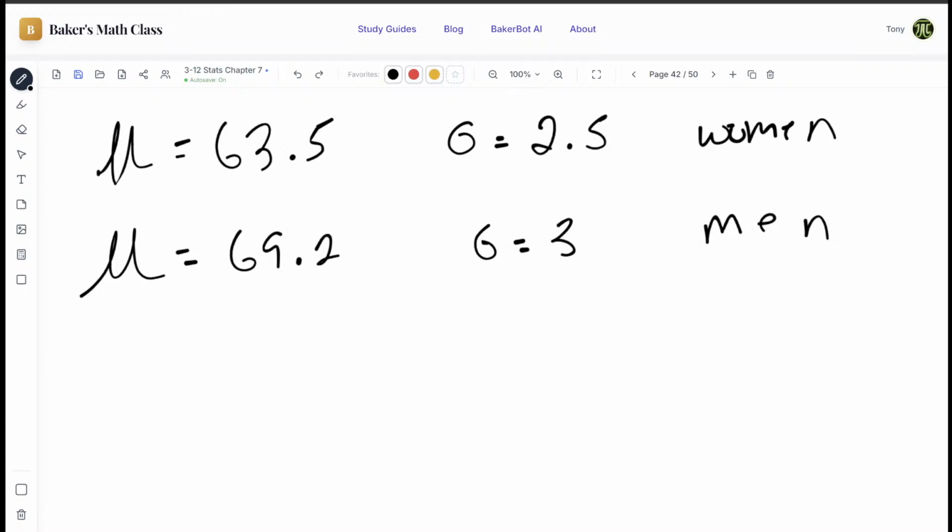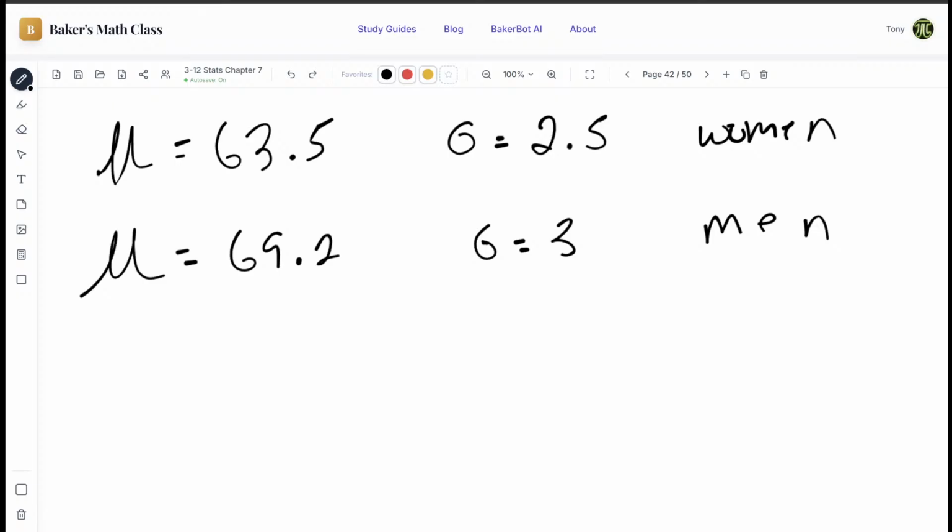So find your percentile of your height. If you don't know your height exactly, it's fine.